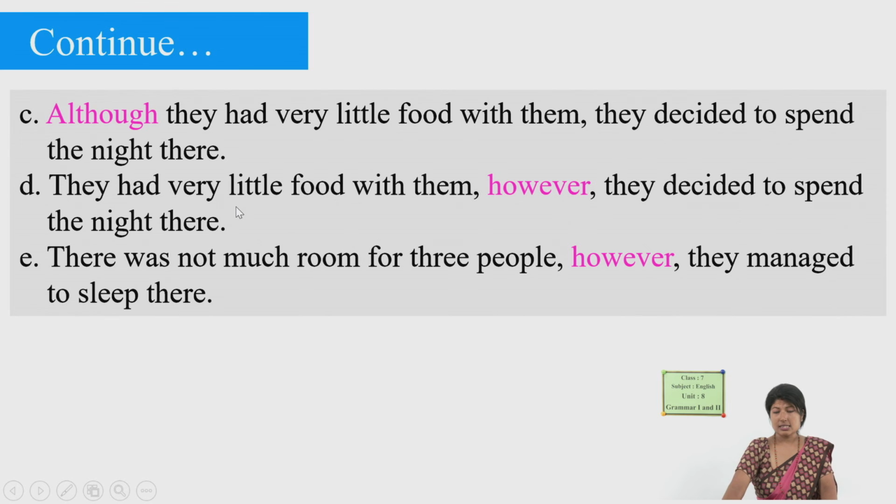Both sentences give the same meaning. Only the use of connectives is different over here. Although and however. Here, however also gives the same meaning as although gives in C. They had little food with them. However, they decided to spend the night over there. So this is the concept.